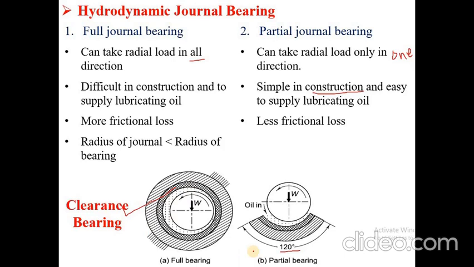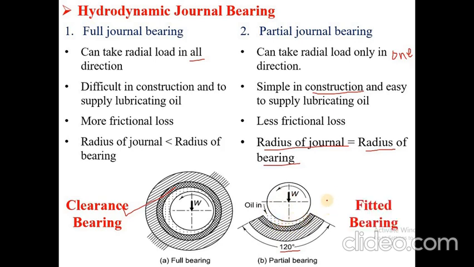Now, in case of partial bearing, the radius of journal is equal to radius of bearing. So in this case, the shaft is mounted at eccentric distance in order to provide the space for lubricating oil.